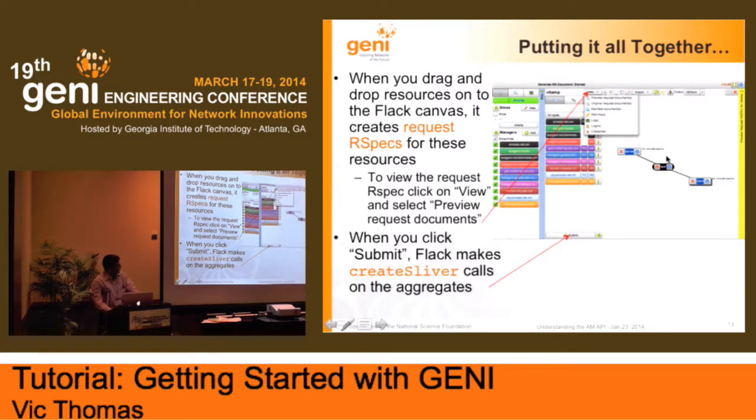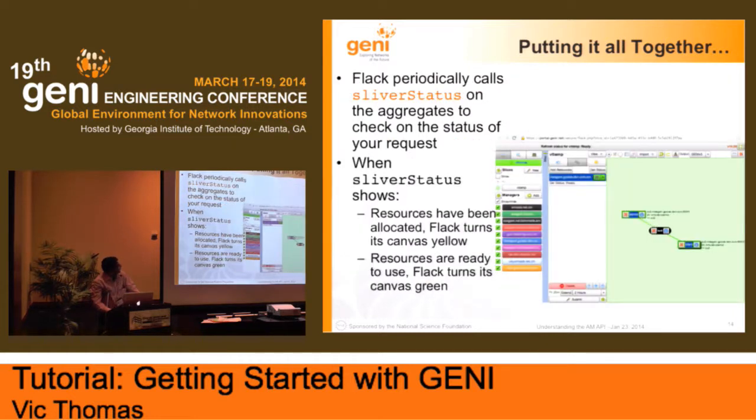So it created an XML document for you that had a resource called server, because that's the name you gave it, and it added another resource for another VM, connected them with a link. And it's not actually submitting the RSpec, it's just creating one for you. When you hit the submit button, FLACK ships the RSpec to the aggregate.